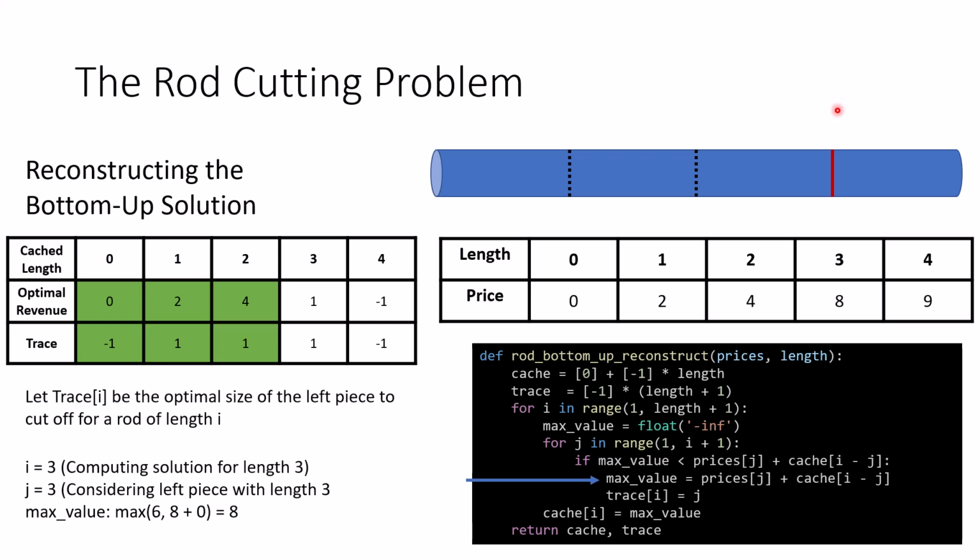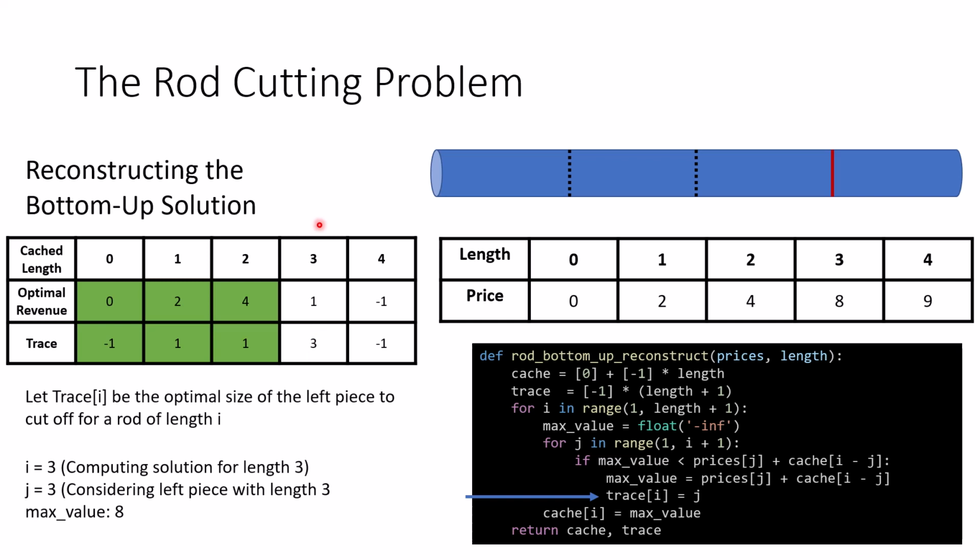But if we now cut right over here, so if we cut at the position such that we don't need to cut the overall rod of length 3, well, that is going to change things because now we're going to get an optimal revenue of 8 instead of 6. So therefore, we update the trace at i to be 3.